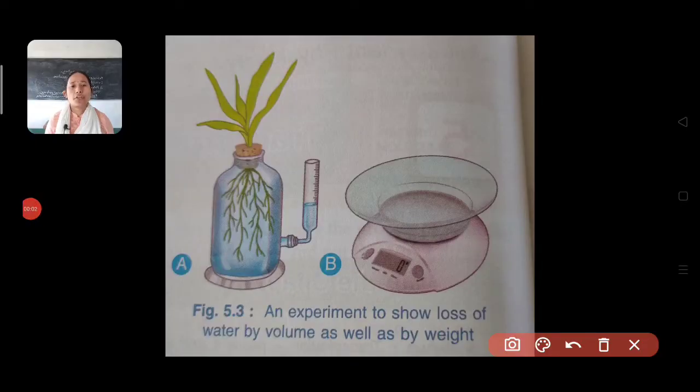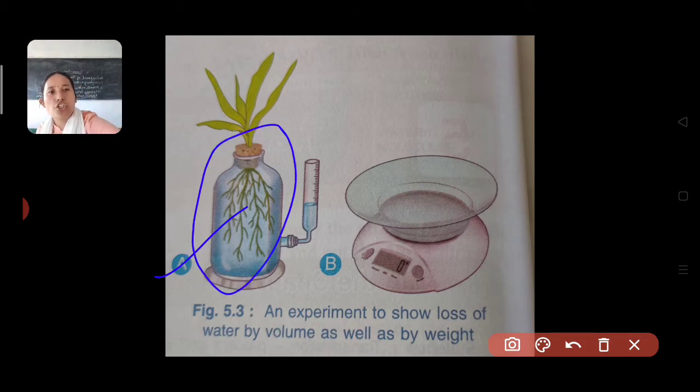So the modification to show what volume of water is being lost through transpiration, you can see in this setup A. In setup A, in this particular jar which contains water, you have introduced a capillary measuring tube, and you have placed a plant.